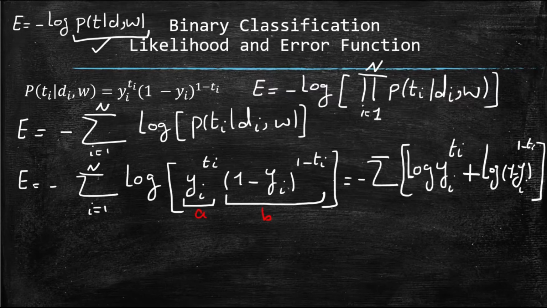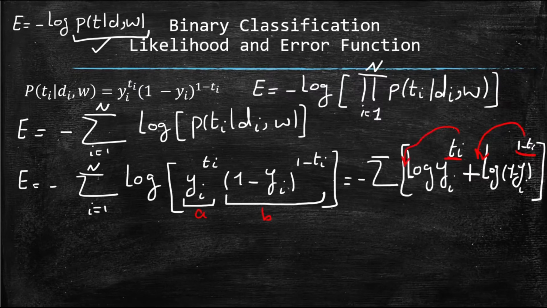Remember I said that, okay, if in a log you have something to the power of a number or whatever it is, that power can just come down and be a coefficient to the whole log term, right? So that is the story here, actually. So you see these two powers, one here and one here, they can both come down to the beginning of the log, right?